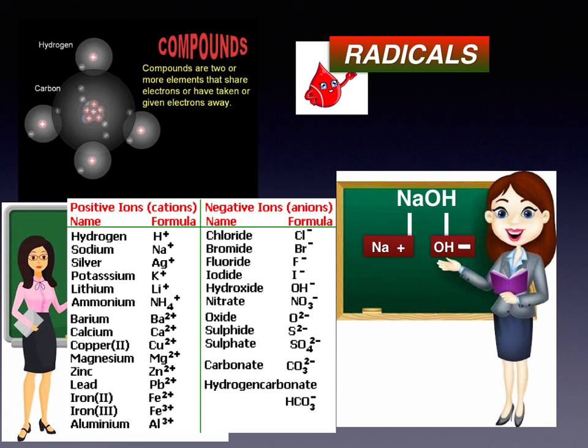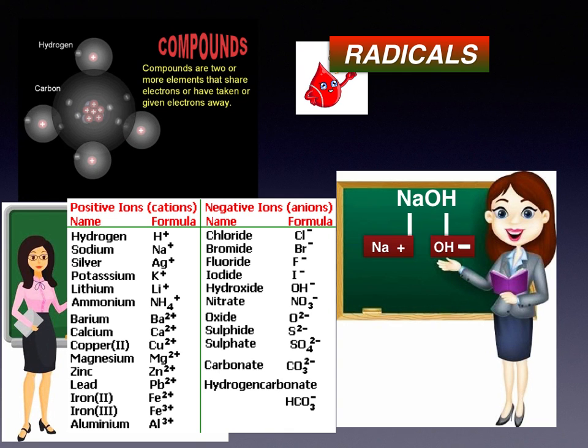As we know, in a compound, a group of atoms of the same element or different elements combine chemically and behave as a single unit. Whereas compounds with ionic bonds have two constituents: cation, the positively charged ion, and anion, the negatively charged ion.